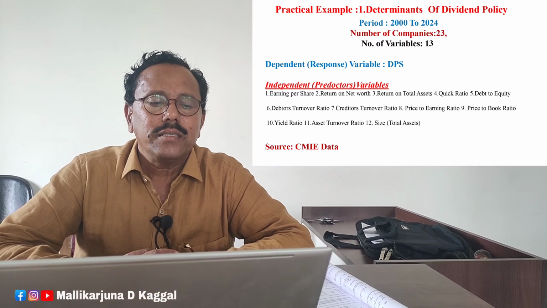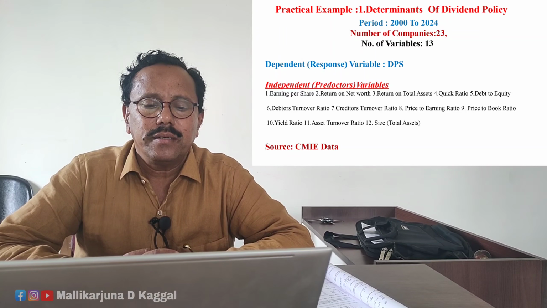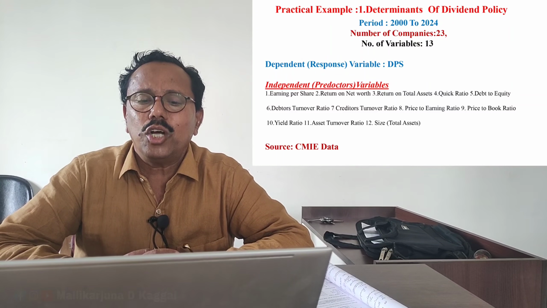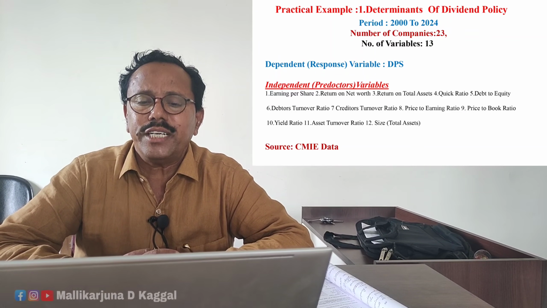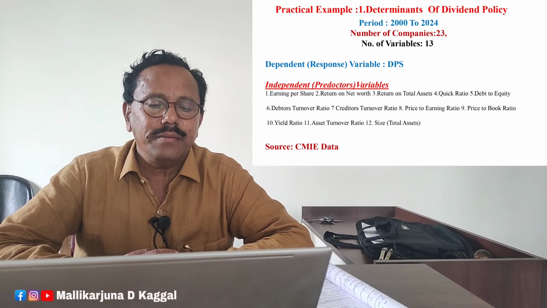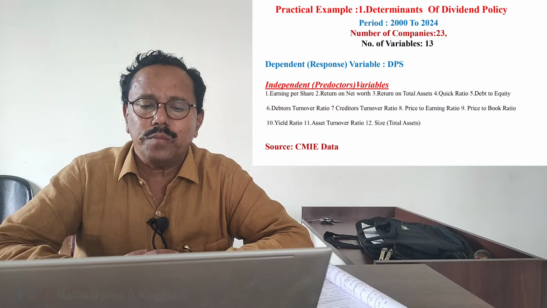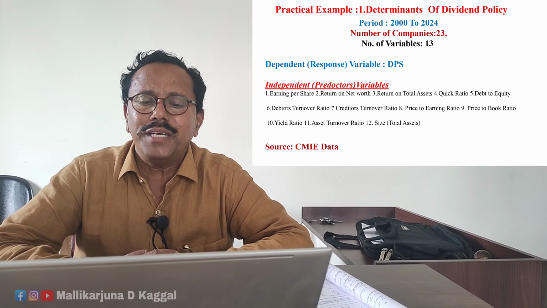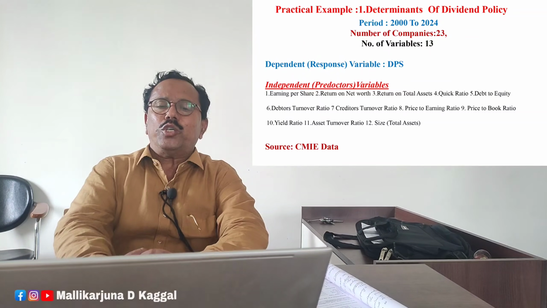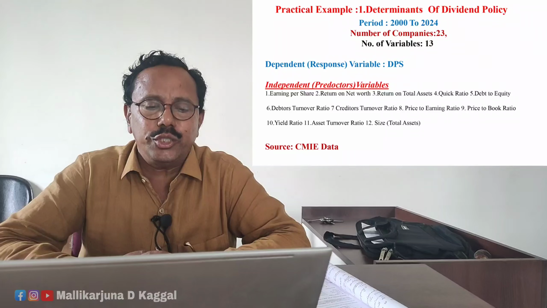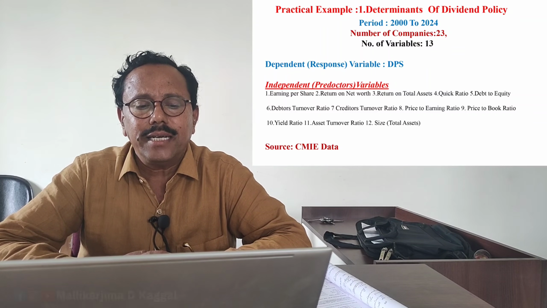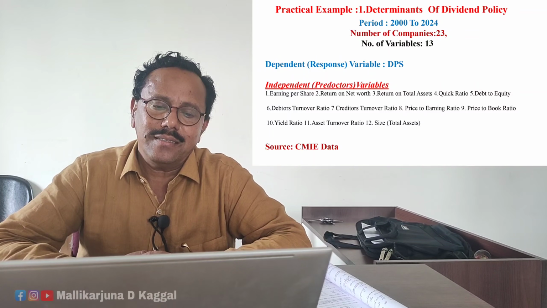They are earnings per share, return on net worth, return on total assets, quick ratio, debt to equity, debtor turnover ratio, creditors turnover ratio, price to earning ratio (PE ratio), price to book ratio (PB ratio), yield ratio, assets turnover ratio and size.